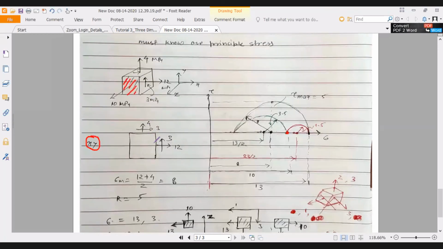So you can calculate the mean for this problem, that is 12 plus 4 divided by 2.